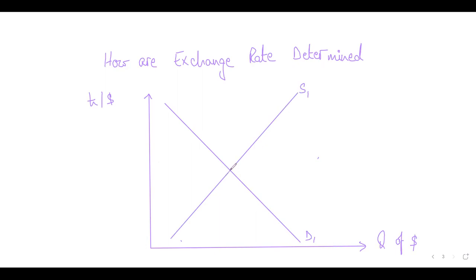Now, wherever the demand and supply intersect, that is your exchange rate value, right? So let's say each dollar buys 5 pounds. So that's what it shows, 5 pounds per dollar.